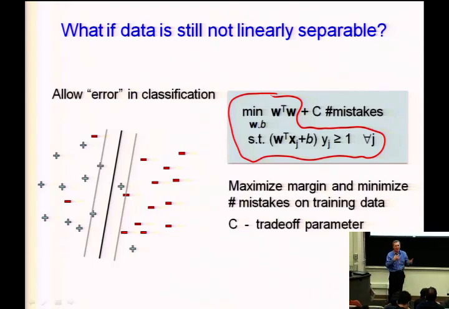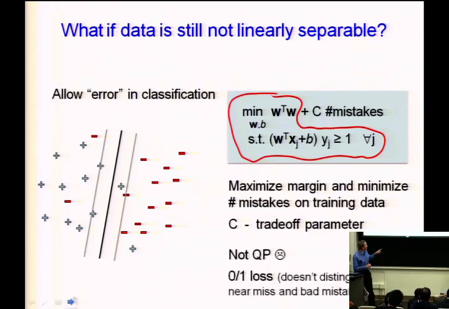So now we're trying to minimize the weight magnitude W plus some number. We're going to penalize each mistake by some constant C, say. So you can imagine designing different objective functions like that.